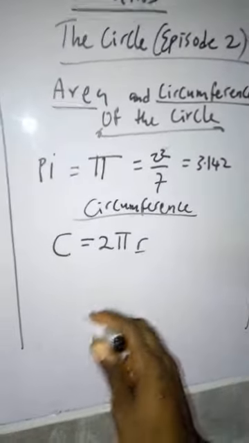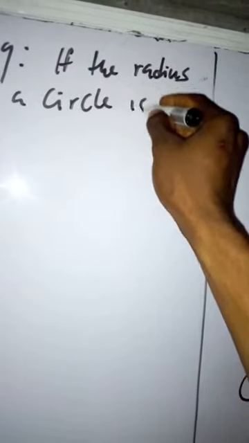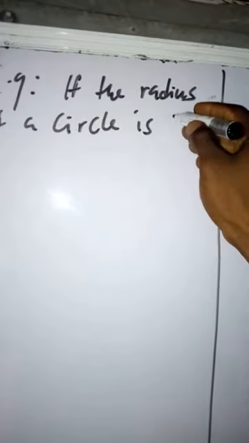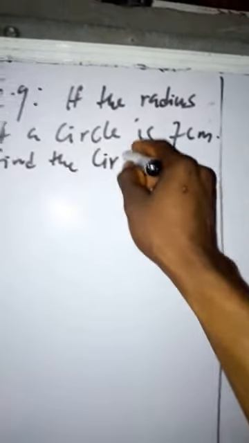Now watch what I mean. Assuming they ask you, for example, in circumference, if the radius of a circle is, let's say, 7 cm, find the circumference.